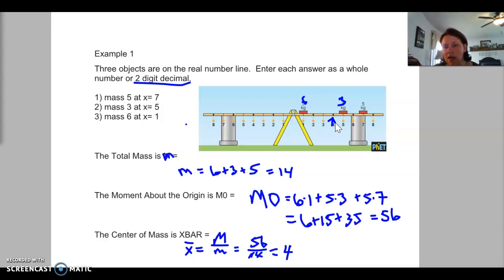That means that the moments on each side, if we look at them individually, they would equal each other. So let's look at our individual moments. It would be 5 times 3 here, because we would now say that this is our origin. So it would be 5 times 3 is 15.